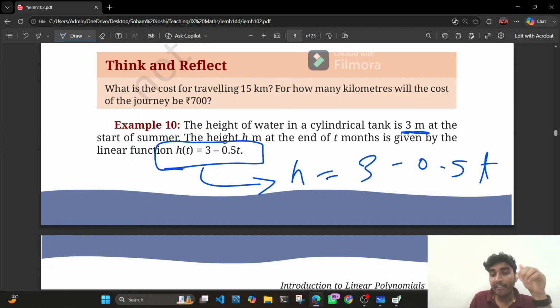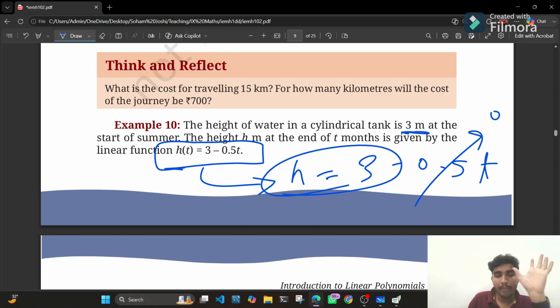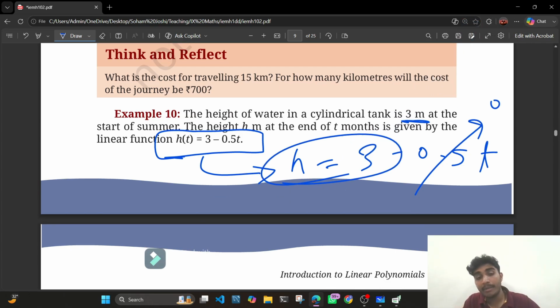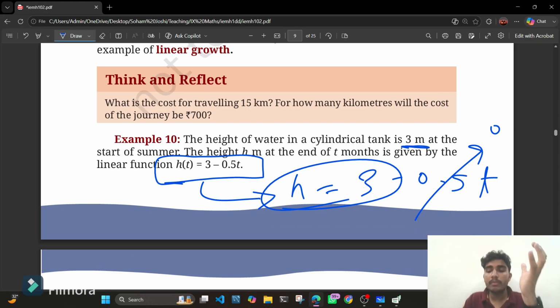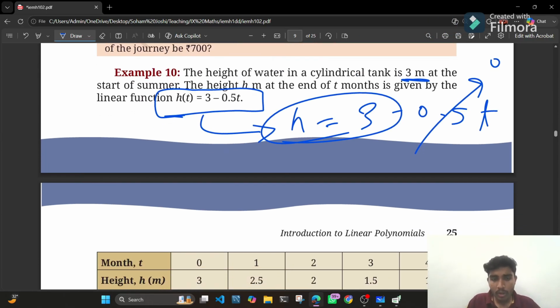तो अभी मेरा जस्ट डे 1 है, अब तक 0 मंथ्स हुआ है. तो मैं t को 0 डालूंगा तो ये पूरा वैल्यू 0, तो मेरा हाइट मिल गया 3 मीटर, तो बराबर स्टार्टिंग ऑफ इसमें मेरा 3 मीटर था. अभी मान लो मेरा समर चला है जुलाई तक, मार्च अप्रैल मई जून, मतलब जुलाई फर्स्ट तक खत्म हो गया. सो 4 मंथ्स है, मुझे अभी देखना है मेरा पानी कितना जाएगा. So I'll just calculate it.